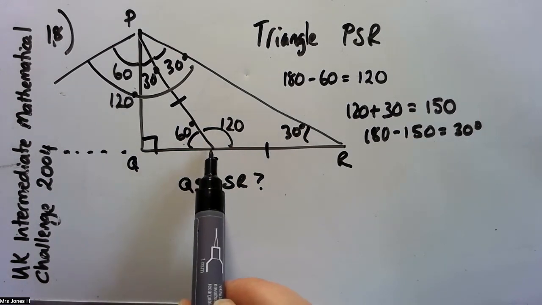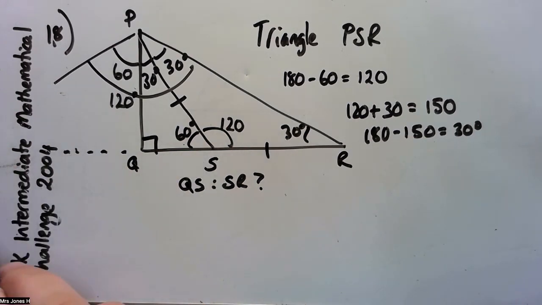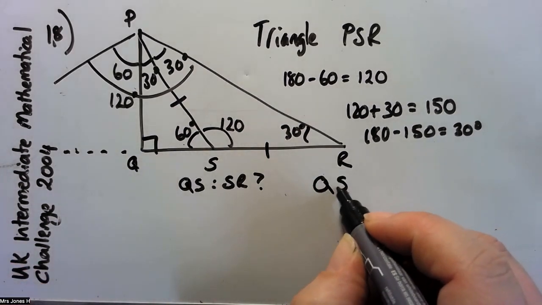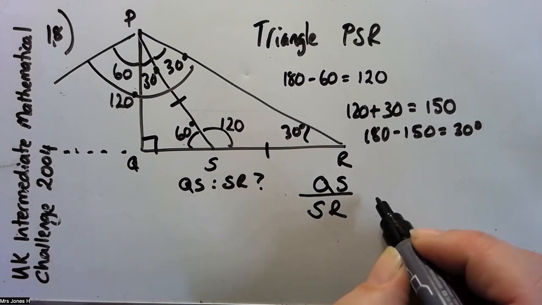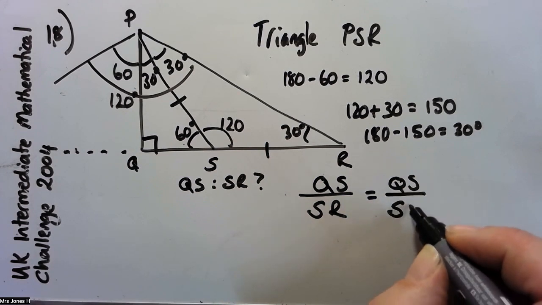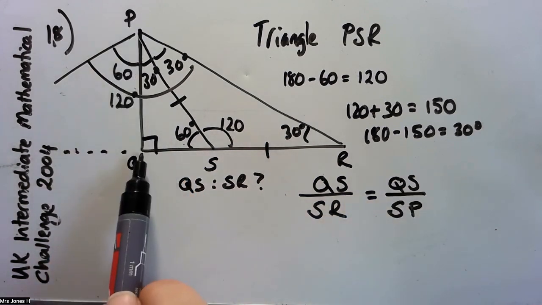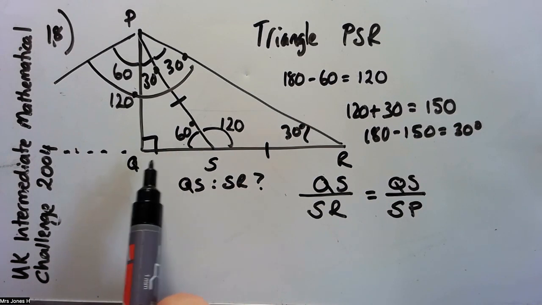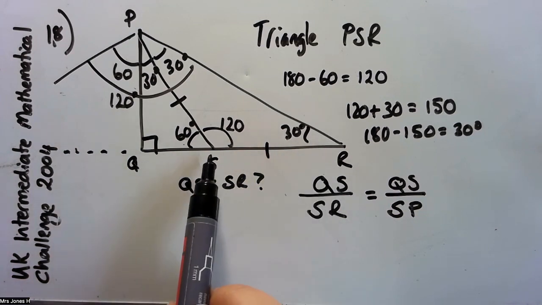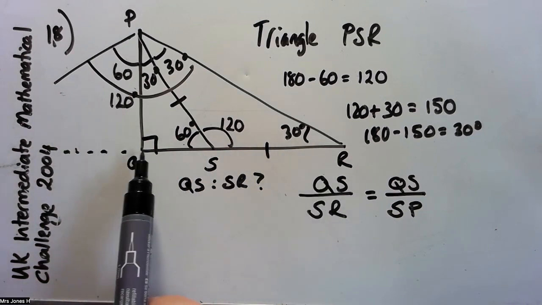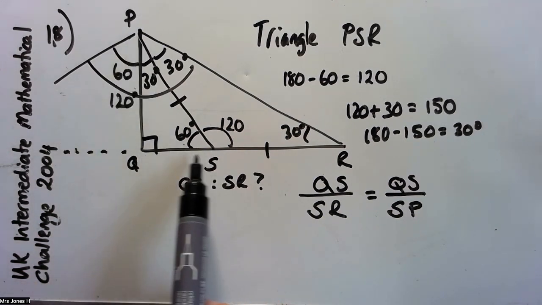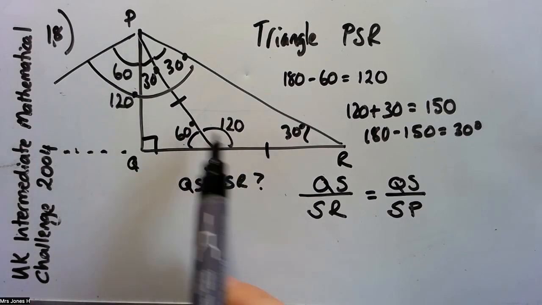So therefore what we've got going on here is we've got a bit here, we've got a bit here, and this becomes QS divided by SR is the same as QS divided by SP. So QS divided by SR, this dimension to this dimension, is the same proportion as QS to SP, because these two are the same length.